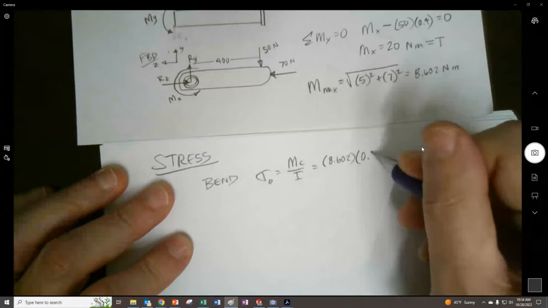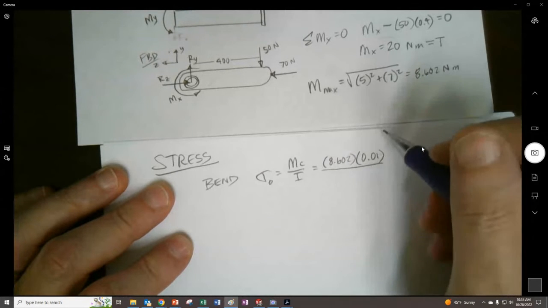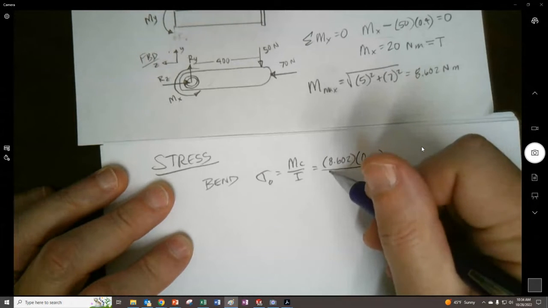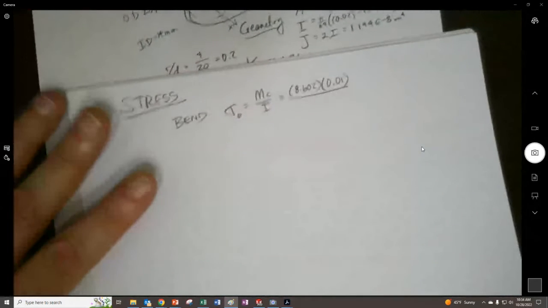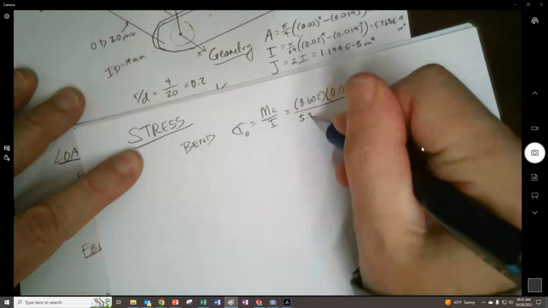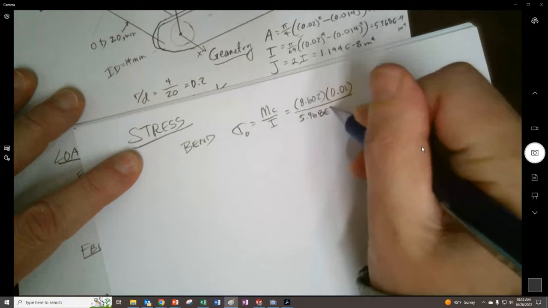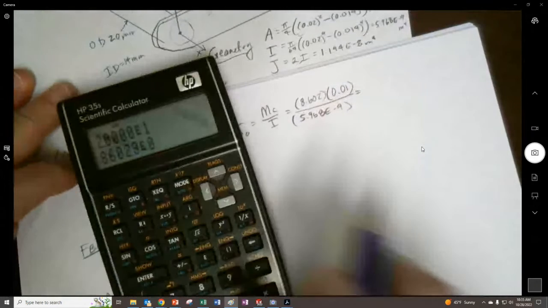So we're going to go 0.01, which is the radius out to the outside. And we found previously the moment of inertia here was 5.968 E minus 9. So that's going to give us quite a bit of stress right there.